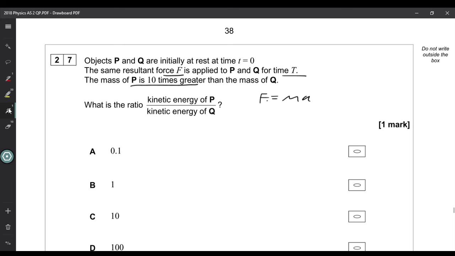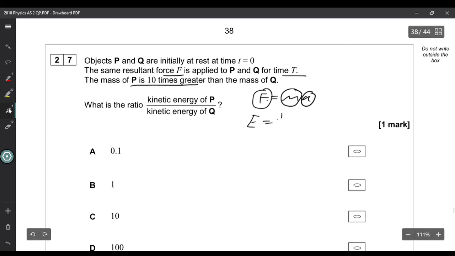Because the resultant force is the same, if we increase mass by 10, we've got to decrease acceleration by the same amount. So we'll end up with a lower velocity. Because we're working with kinetic energy, we know that E equals half mv squared. So what we can do is have a look at the ratio of both.